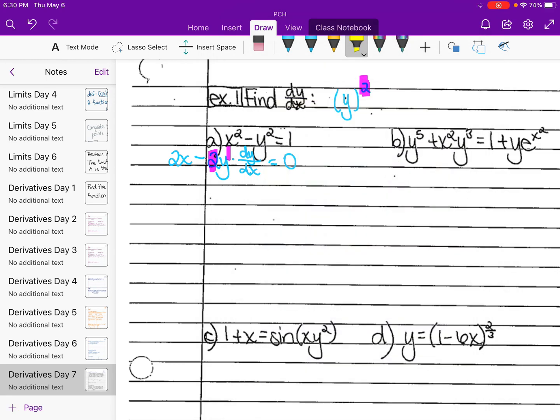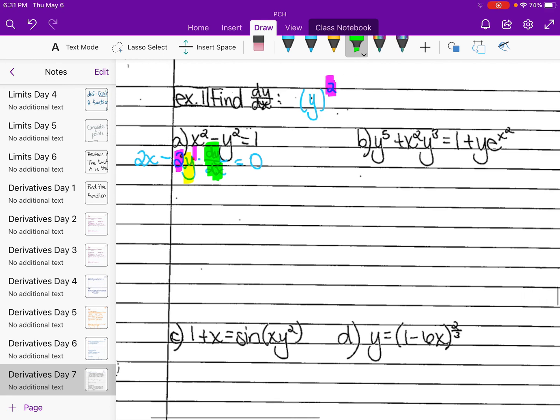Leave the inside alone and then multiply by the derivative of the inside. That's what we're doing. Now, technically, let me show you this in a different way. Derivative of the outside, leave the inside alone, and then take the derivative of the inside, right?